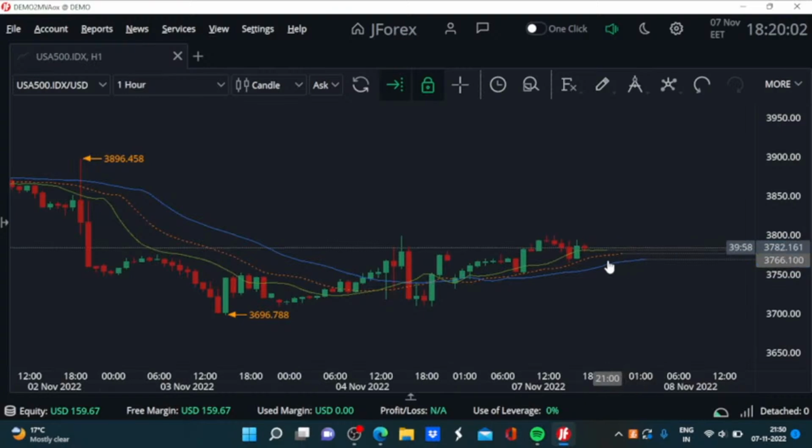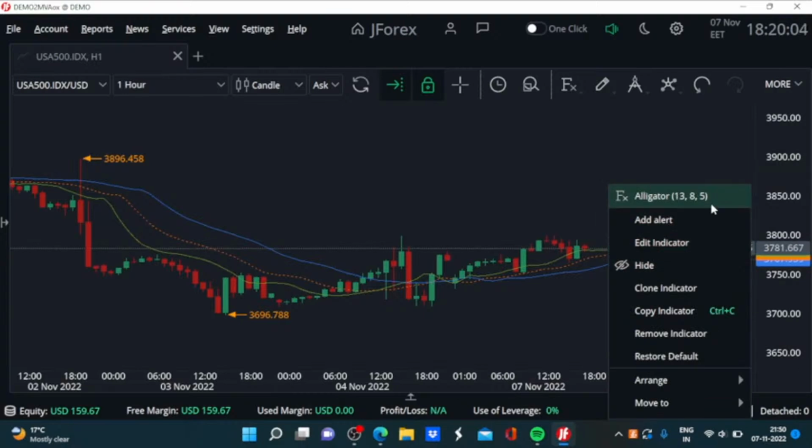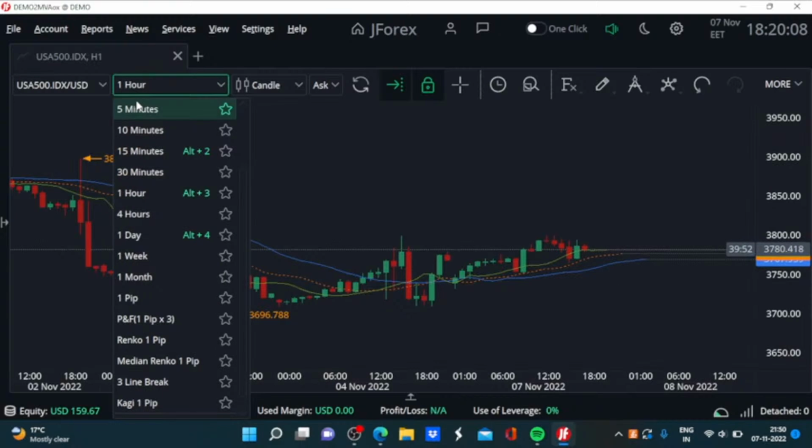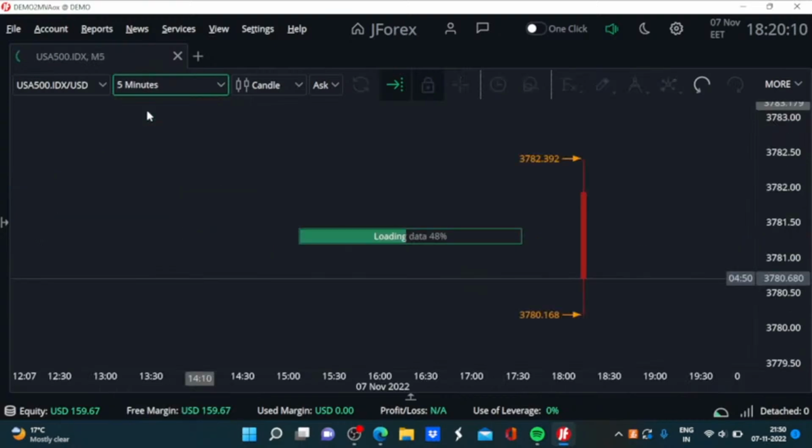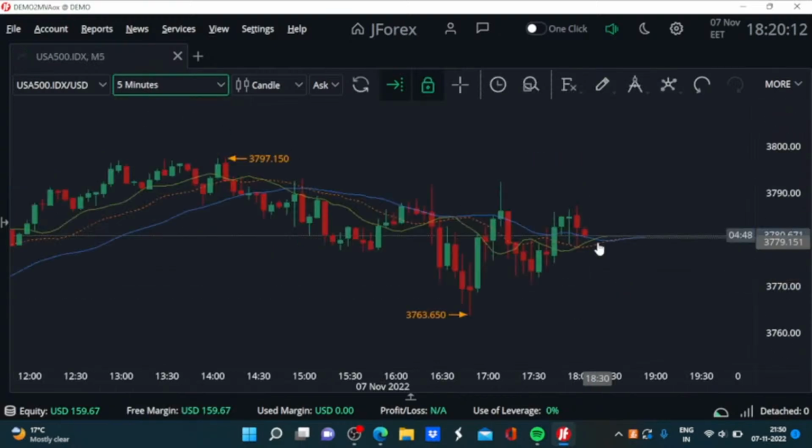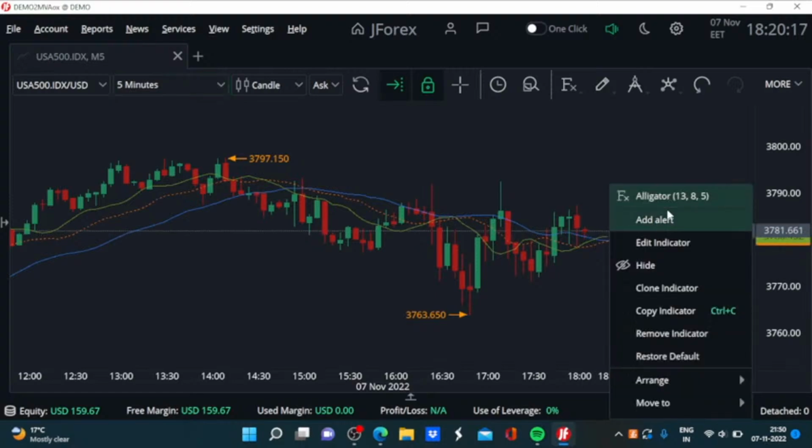So we are using the combination of 13 hours, 8 hours, and 5 hours simply because we have this hourly candle period defined. If I change the chart to 5 minutes now, this calculation is with the combination of 13 5-minute candles. So that means the calculation time frame has been reduced in line with the chart's candle period.